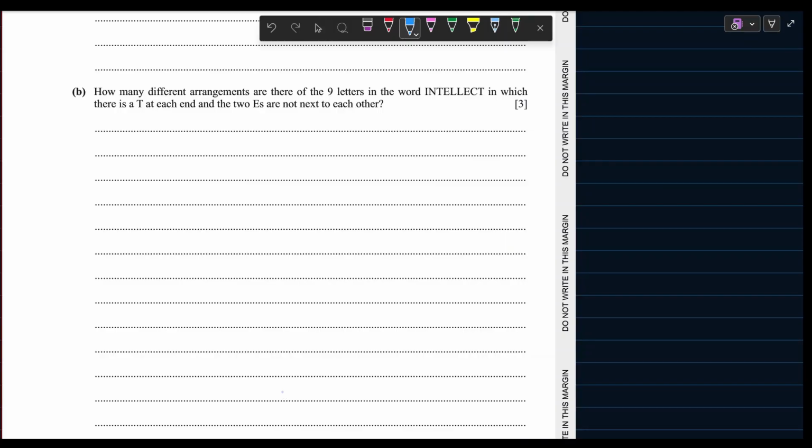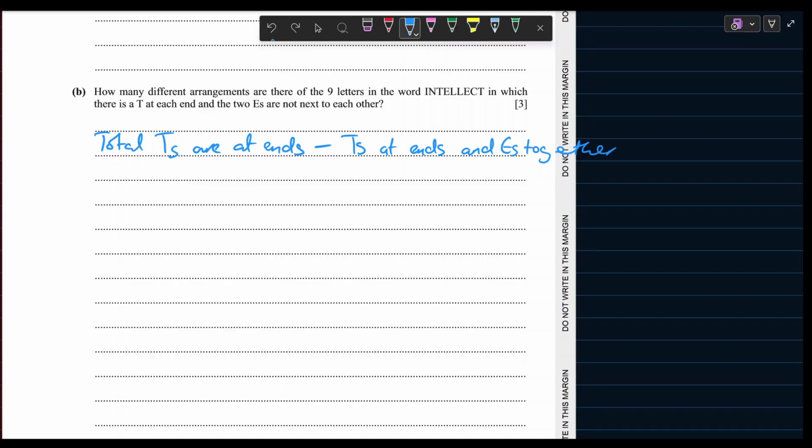So to get what they want, we could just say total arrangements in which the T's are at the ends with no other restrictions, minus T's at ends and E's together. Because if you subtract these two, what remains are just your T's at the ends, but E's are not together, which is exactly what they want.